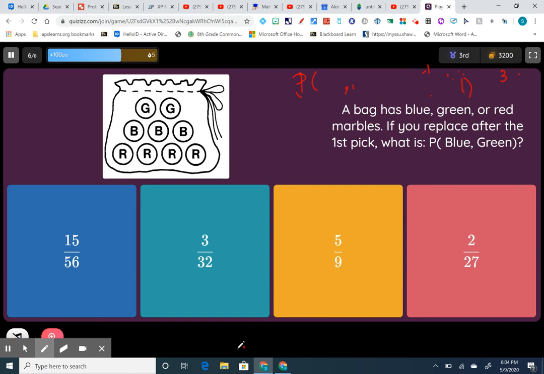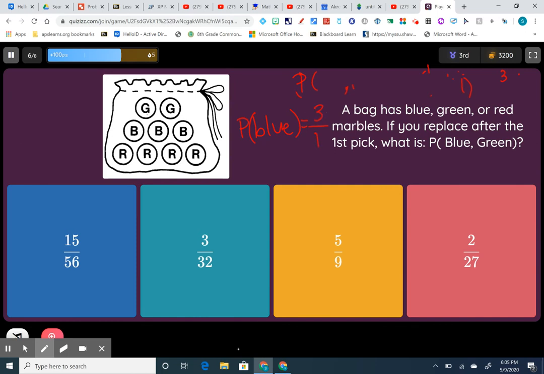Okay, bag has blue, green, or red marbles. If we replace, we're putting the balls back into the bag. That's going to be some independent events. So first, we're going to pull a blue. There's 3 of them.